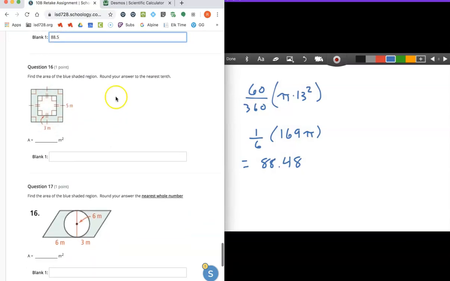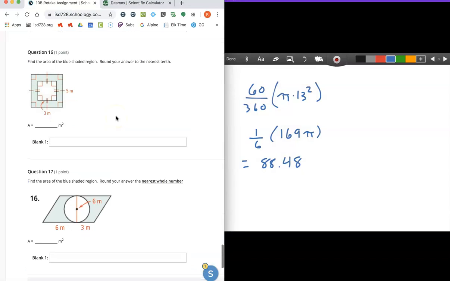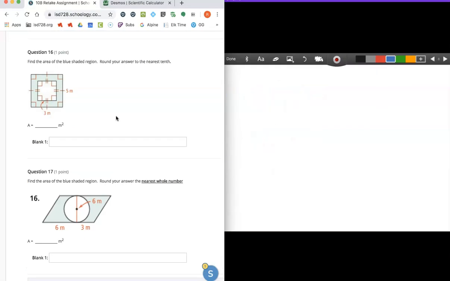All right, for the area of the shaded regions, that's the last two questions here. We take the shaded minus the unshaded. So it looks like we have two squares. We're going to do the big square minus the little square to get our answer. Well, the big square has side lengths of 5, so that's 5 times 5, base times height.